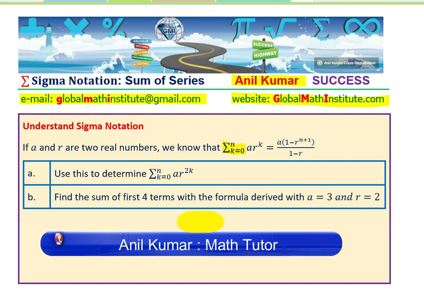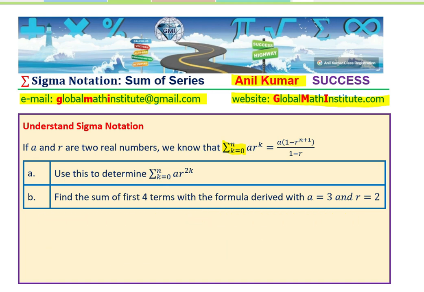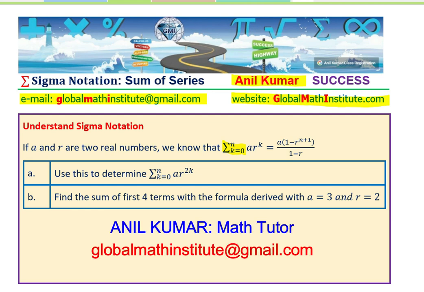Let us now understand a very useful technique of solving questions related to sigma notation. The question here is: if A and r are two real numbers, we know that the sum of A r to the power of k, where the lower bound is 0 and the upper is n, is equal to A times 1 minus r to the power of n plus 1 divided by 1 minus r.